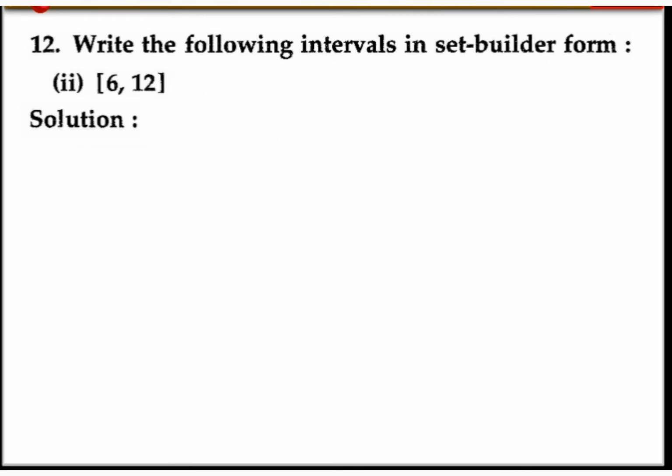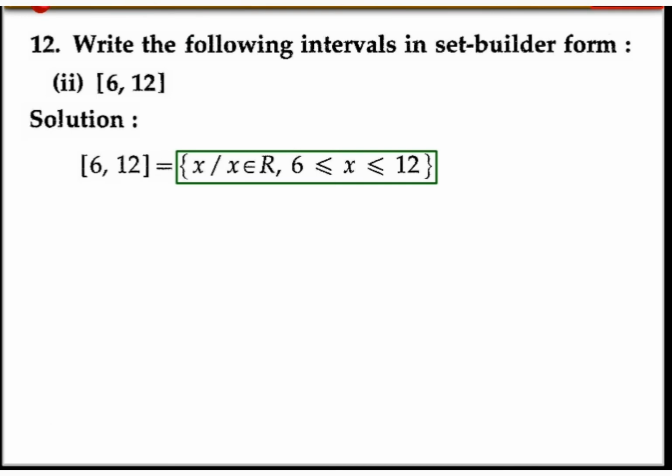Number 2. [6, 12]. Well, [6, 12] is equal to the set of all x where x belongs to the rational numbers, x is greater than or equal to 6 but less than or equal to 12.